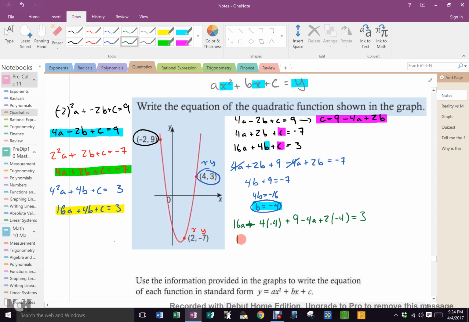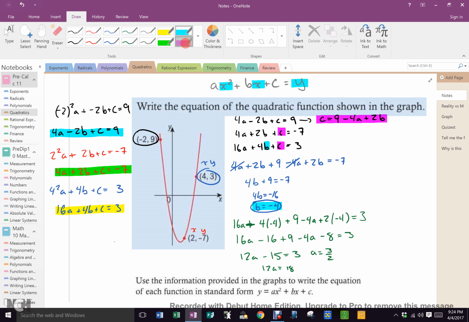Do my math. 16a minus 16 plus 9 minus 4a minus 8 equals 3. 12a minus 24 plus 9, so minus 15 equals 3. 12a equals 18, and a equals 3 halves.